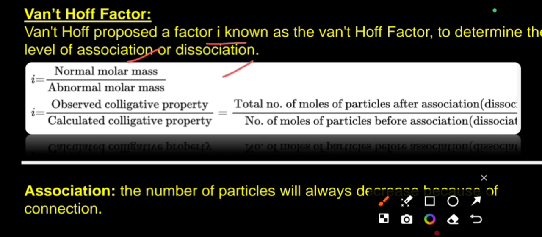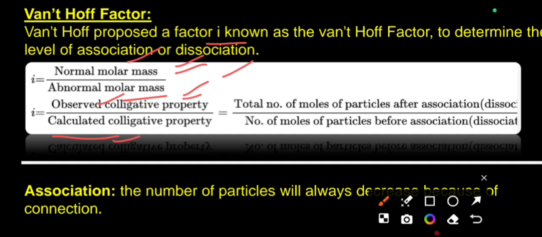For association and dissociation, i is equal to normal molar mass divided by abnormal molar mass. Theoretically it is the normal value, but what we get experimentally is called the abnormal molar mass. In terms of colligative property, i is the observed colligative property divided by the calculated one. Calculated is the corrected one, observed is after experiment.